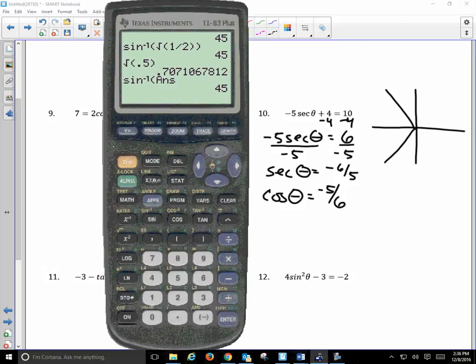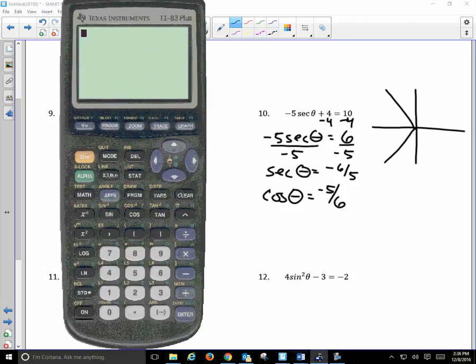Once you figure out the quadrants, all you got to do is cosine inverse. Should I include the negative when I inverse? No, I already used up the negative when I determine the quadrants. I get 33.56.